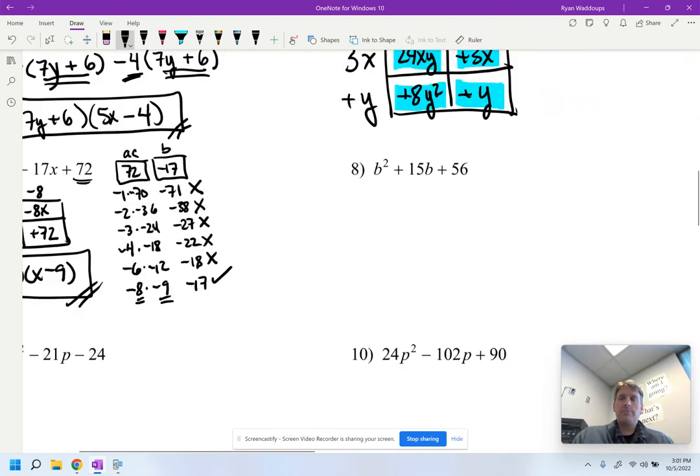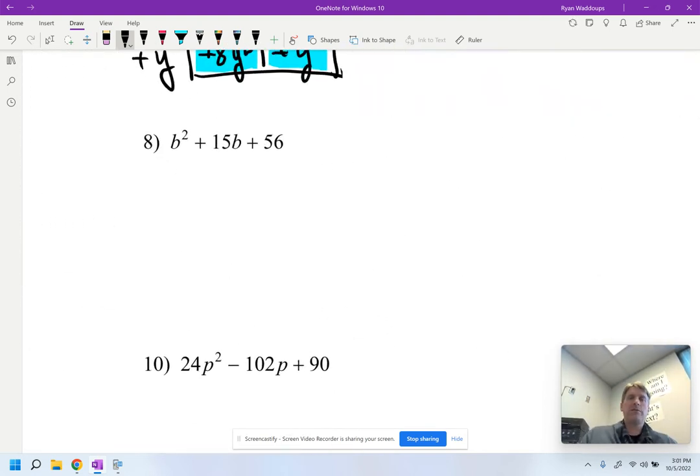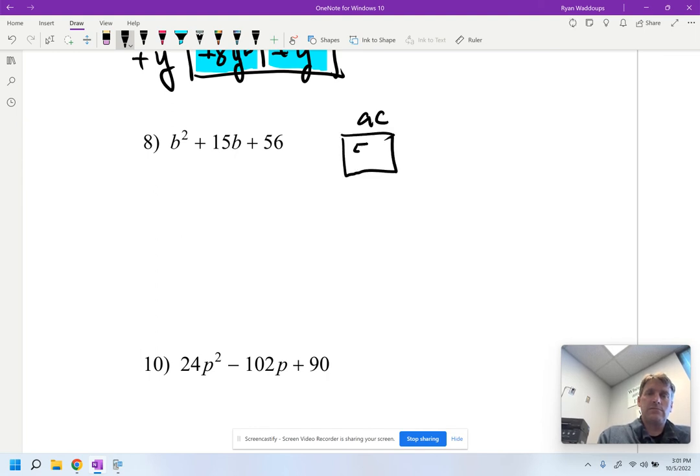All right, look at number 8. B squared plus 15b plus 56. AC is 56, because A is 1, so that's 1 times 56. And B doesn't refer to the b's in this problem.